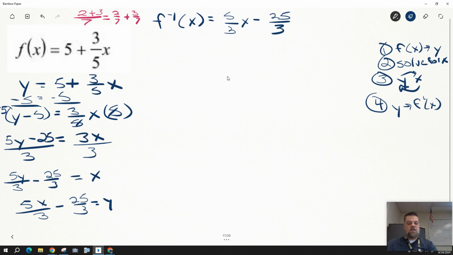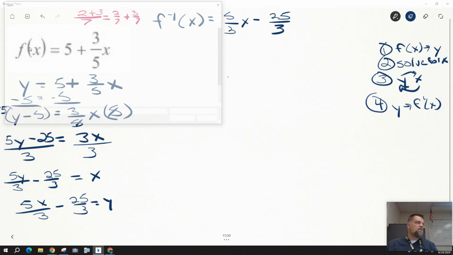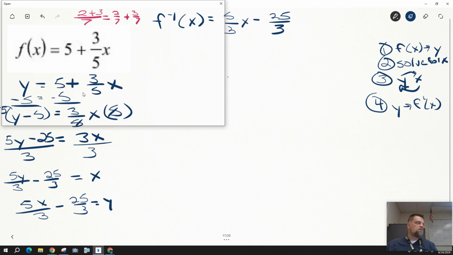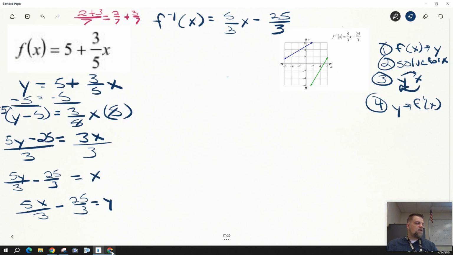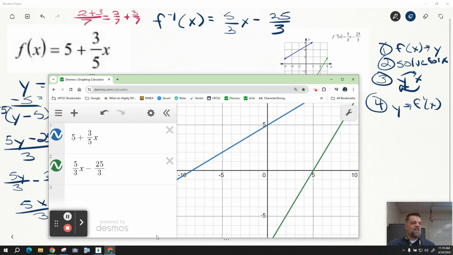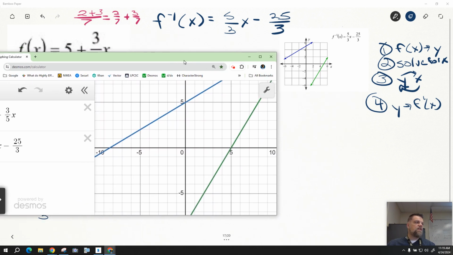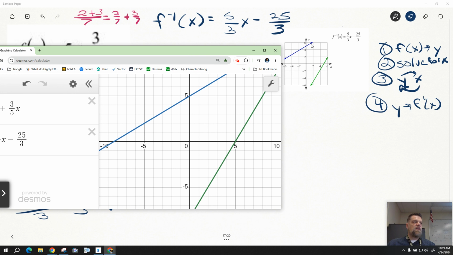Alright, so this is what the answer looks like in your assignment. That's what the assignment has it looking like. But if you look at Desmos, you can kind of see it's the same. But now, what I did, and I kind of glossed over it because it was the end of class, if you want to make sure, and you want to be 100% sure, look at the graph they give you and look at the numbers.